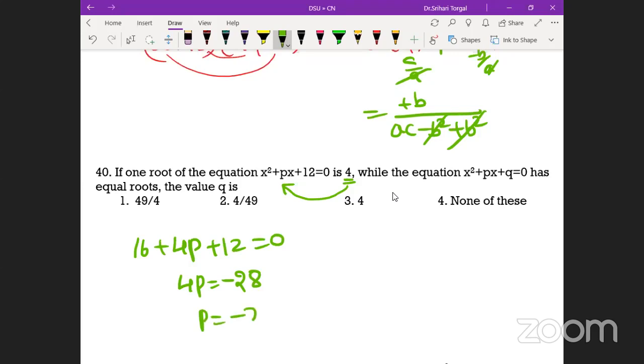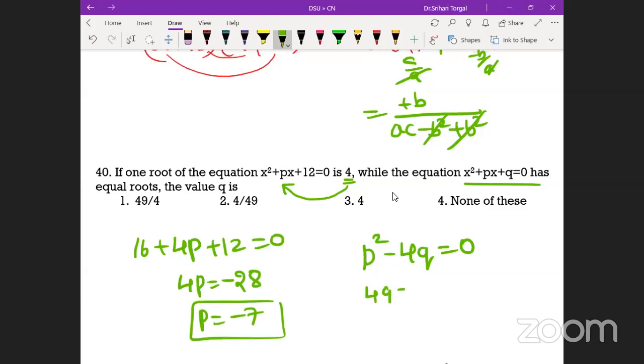P equal to minus 7. When the equation x square plus px plus q has equal roots, b square minus 4ac is equal to 0. If I put here p as minus 7, it will be 49 is equal to 4q. 49 by 4 is equal to q.